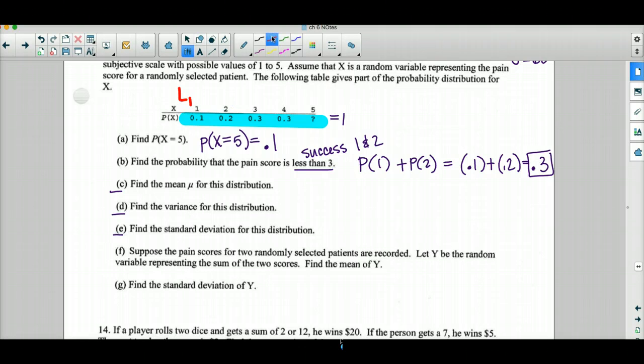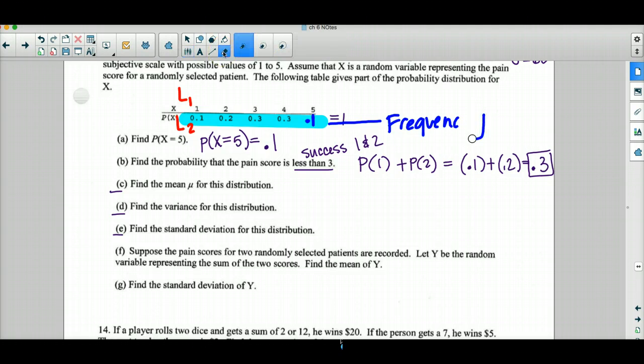So list 1 and list 2, plug that in, and then you're going to just do 1-var stats, where list 2 is your frequency. So this becomes your frequency. Remember, this is a probability of 0.1 right here.